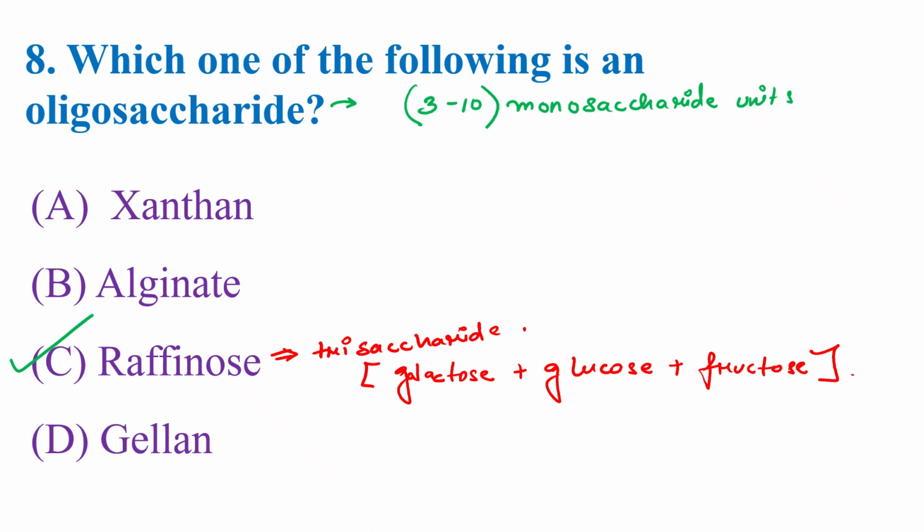Basically these are found in beans, cabbage, whole grains. Whereas the xanthan, it is a polysaccharide. Alginate is also a polysaccharide, and gellan, it is also a polysaccharide. So over here my correct option is option number C, that is raffinose.